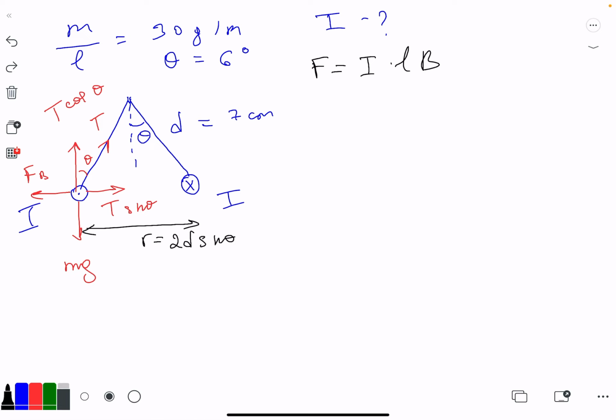And we also know that if that is the case, then we also have a formula where the magnetic field is equal to mu naught current divided by 2 pi r. Okay, if that's the case, and if we say that this is current 1, this is current 2, and both of them are equal, we can say that magnetic field B1 is created by the current 1.